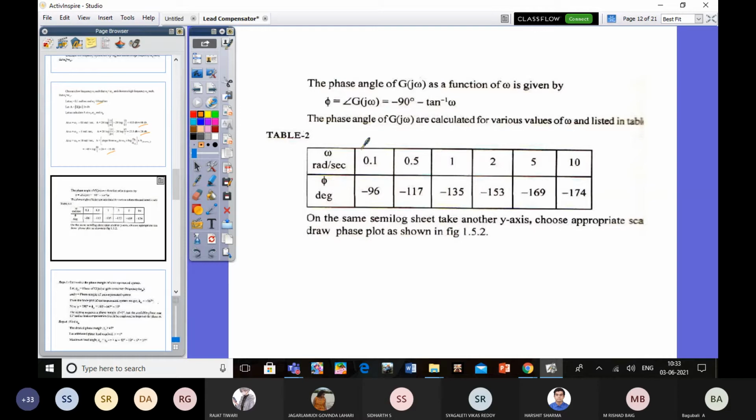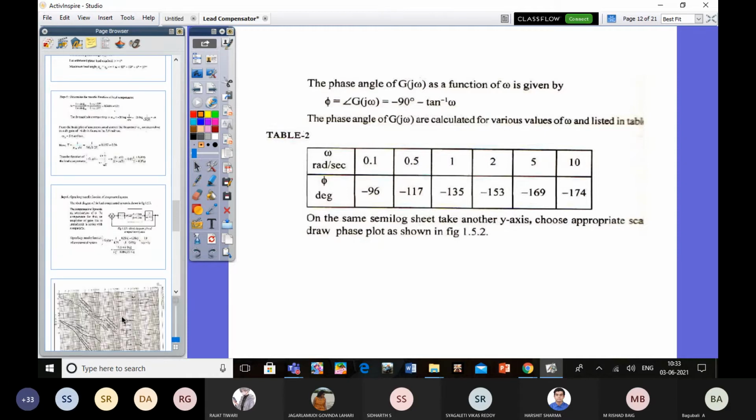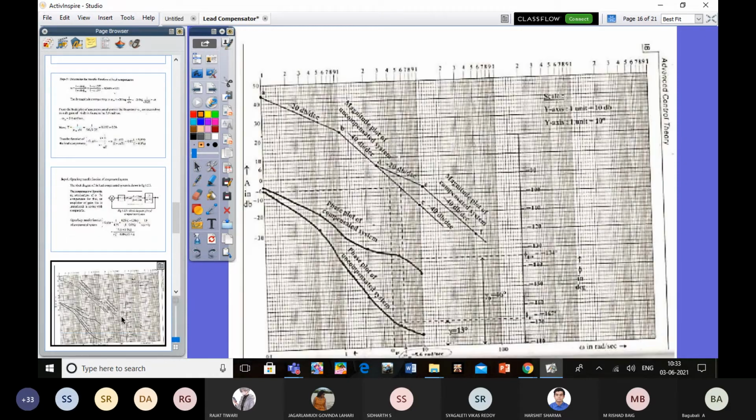We are going to determine the phase margin value from the Bode plot. How to determine the phase margin value? We go to the Bode plot and check where it is for phase margin.